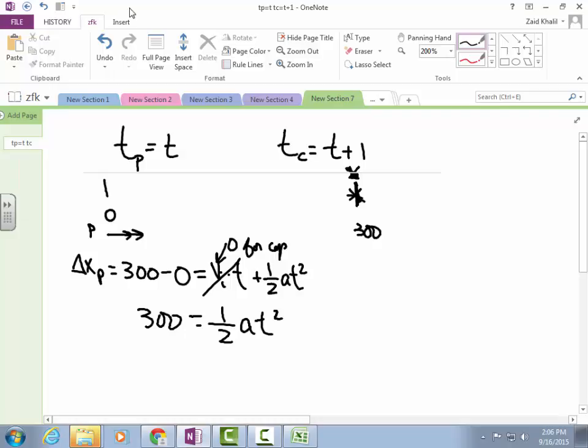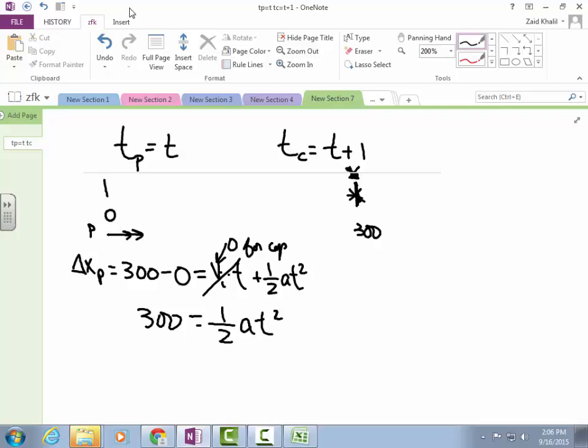In our coordinate system, what is the displacement of the car? Be careful. Notice when we set our coordinate system, I changed the time. And so now we're all operating in the same time frame.